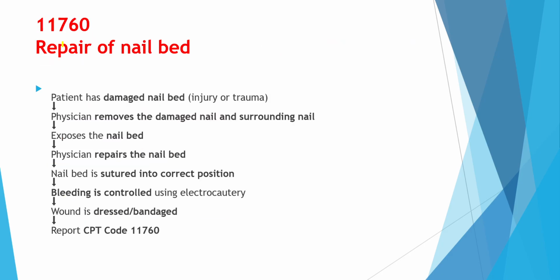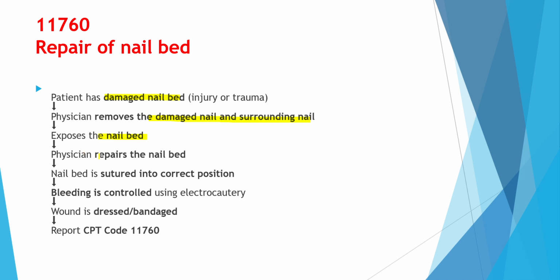Next is CPT 11760, for the repair of the nail bed. Here the patient is present with a damaged nail bed. The physician will remove the damaged nail along with the surrounding nail and expose the nail bed.